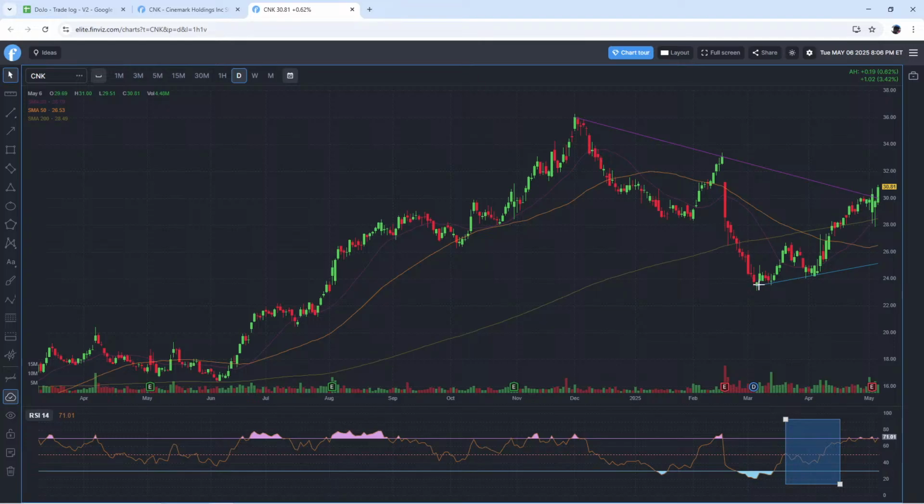It flew all the way down to 23.74 on the close, in March. Slowly built back up, and now it's starting to make higher highs. It might test this breakout point right here. Who knows?